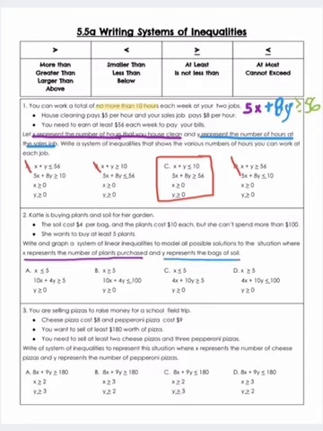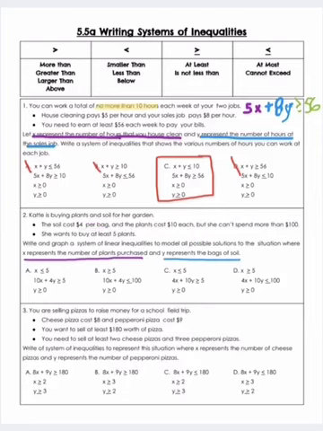So let's talk about our money first. So we have $4 per bag for the soil, and then for the plants, reread. Okay, so x is the number of plants purchased.